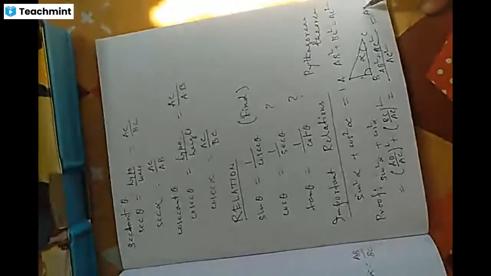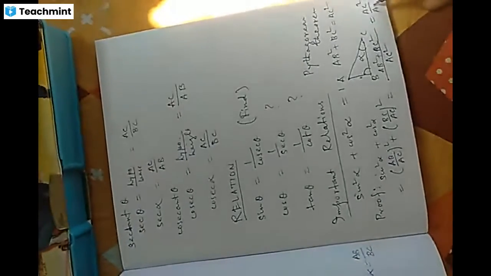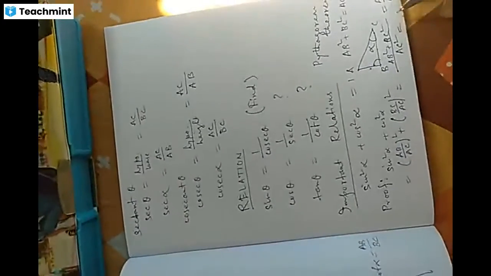So the numerator will be AC square and the denominator AC square. They cancel each other and we get 1. So it can be very easily proved.